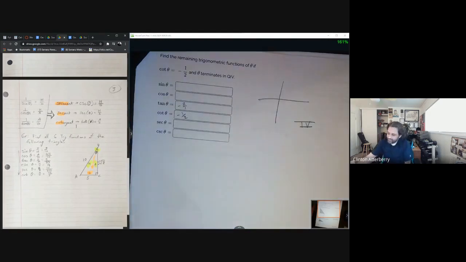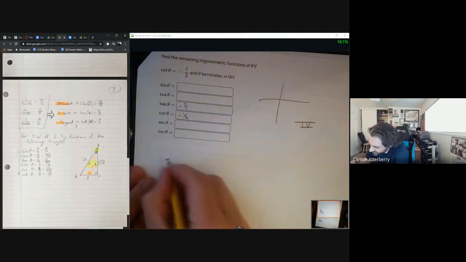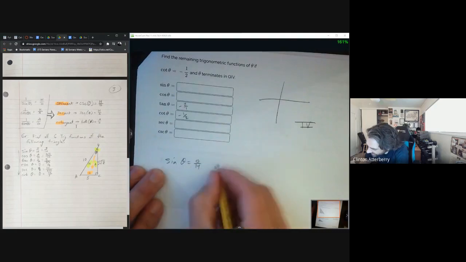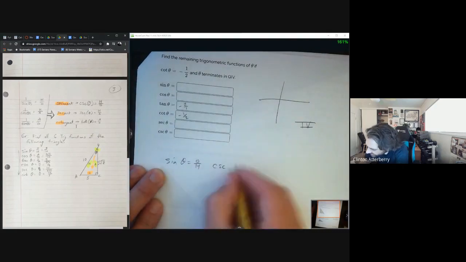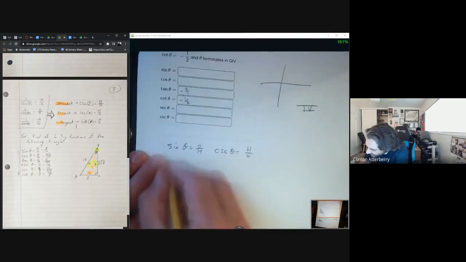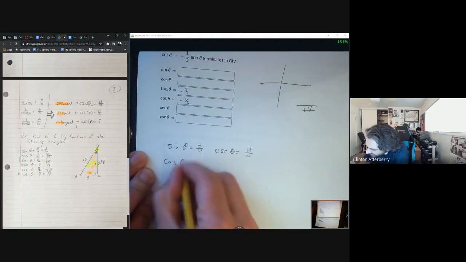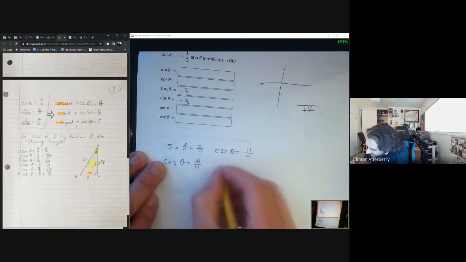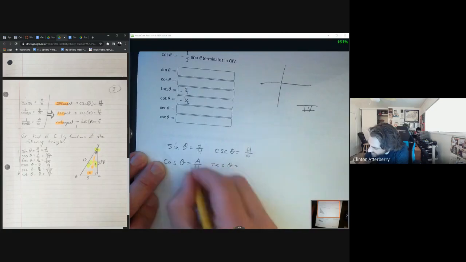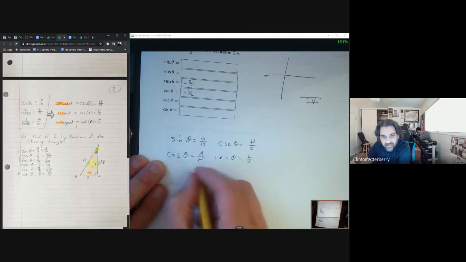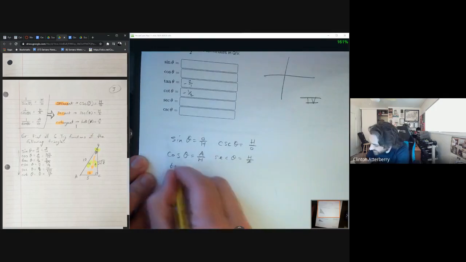So once again, we have sine of an angle equals opposite over hypotenuse. If we see the cosecant of an angle, it's just this upside down. When they ask for the cosine of an angle, that is the adjacent piece divided by the hypotenuse, and its related one is the secant, and the secant is just this upside down.